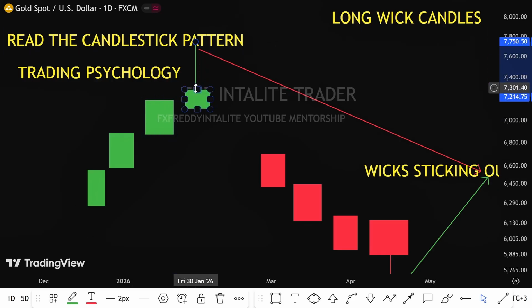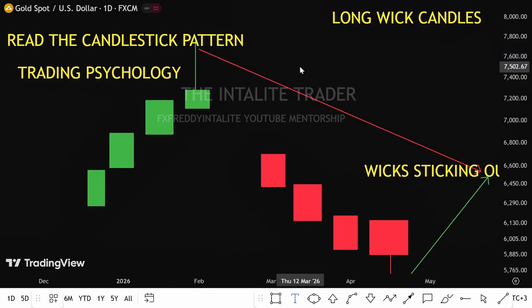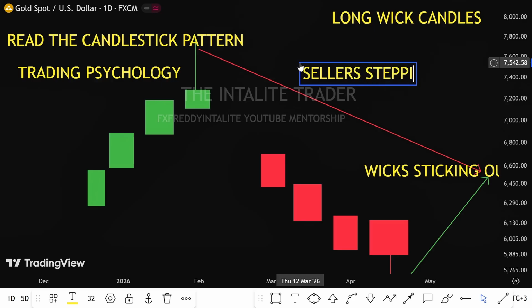So you have this candle which opens, pushes higher. This long wick simply tells you we have selling presence in the market. So we have sellers stepping in. We also have buyers, and these buyers you're seeing taking profits.